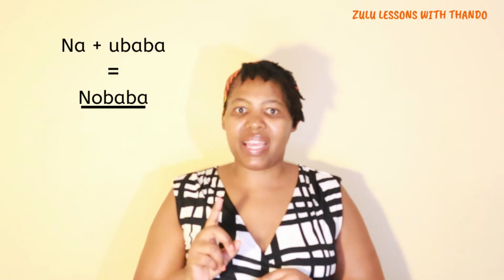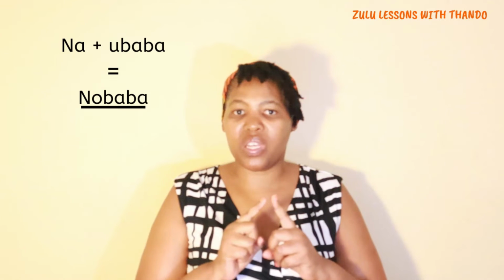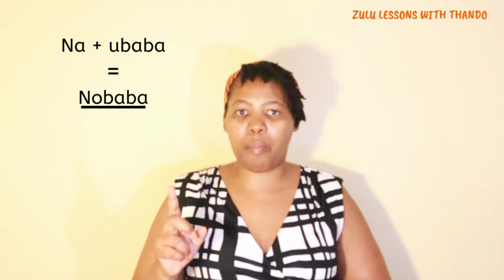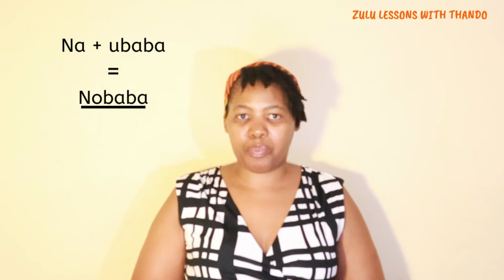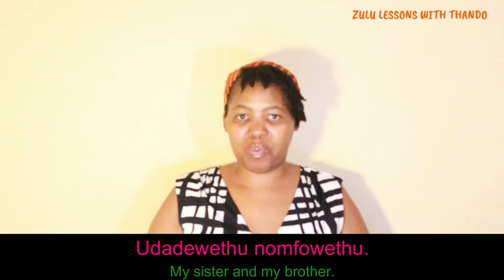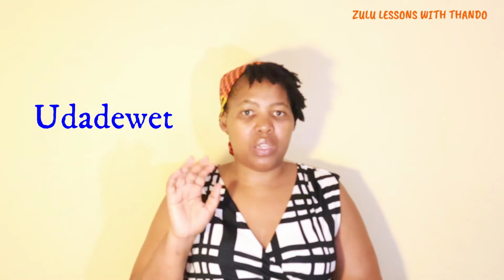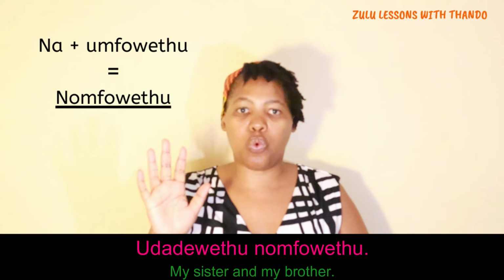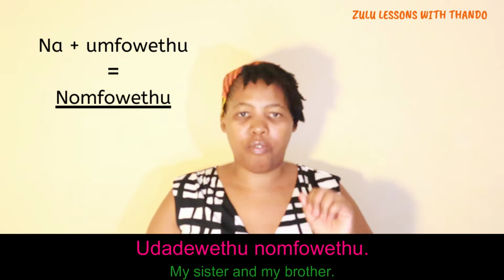Now they start with the vowel U. The na and the U would now join and they would become no. So Umama nobaba. Say if we're talking about my sister and my brother, Udadewethu nomfowethu. All on their own it would be Udadewethu and it would be umfowethu. But together it is Udadewethu nomfowethu.